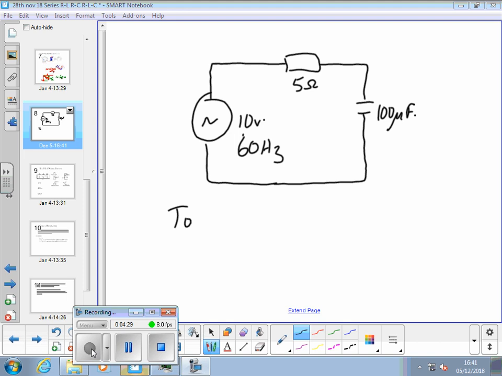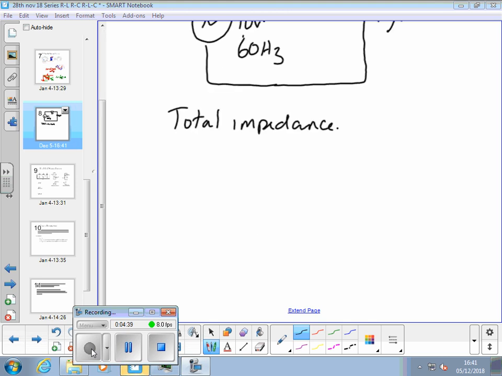We look for total impedance. It's always useful to sketch this impedance triangle. We've got R there, 5 ohms, and C, we've got 5.